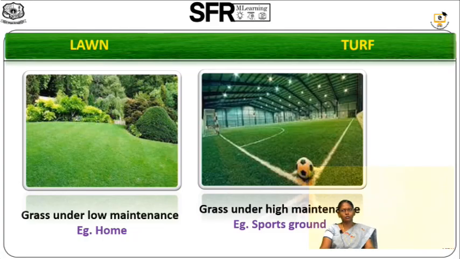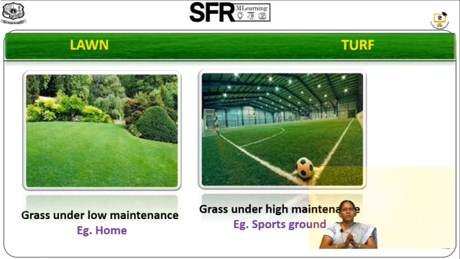You may have a doubt in your mind: what is a lawn and what is a turf? Lawn and turf are both the same, but based on the maintenance we get either a lawn or a turf. When grasses are grown in a dense condition, they form a thick mat.